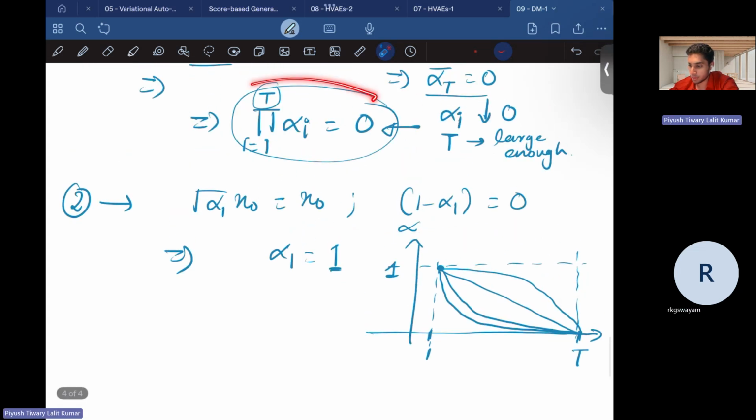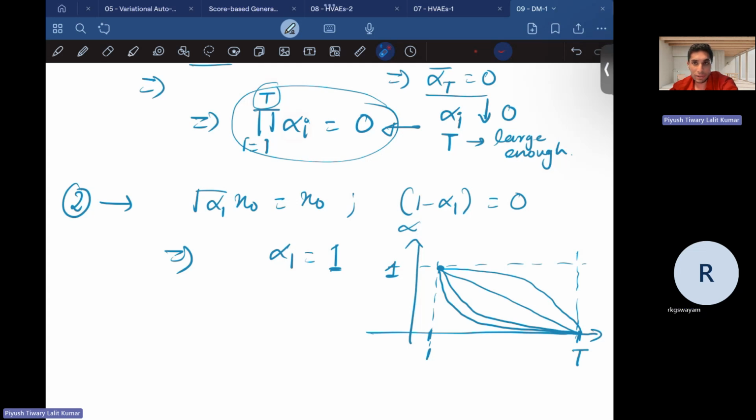Now, when is that possible? That is possible if the alpha i's are slowly getting close to 0. They are fractions, and you are multiplying these fractions a finite number of times, capital T.